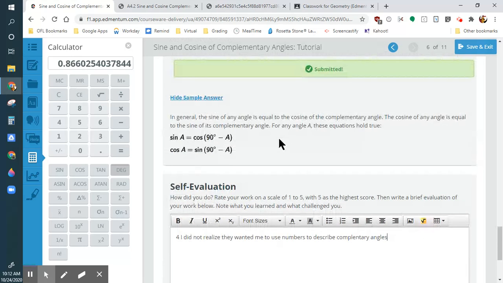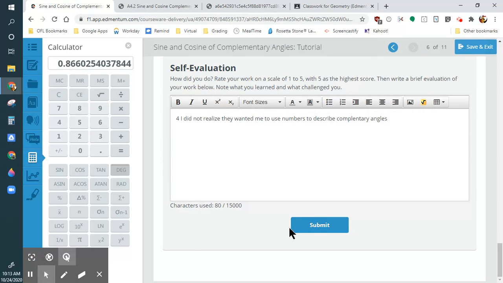What I mean by that is instead of writing B, they're just saying sine of A and the complement of A. The only way to show the complement of A is doing 90 minus A. So basically right here, this 90 minus A is a complement of A.